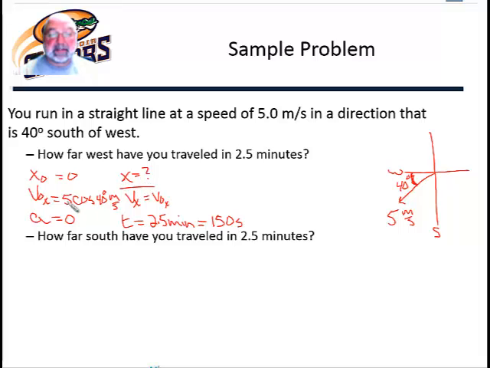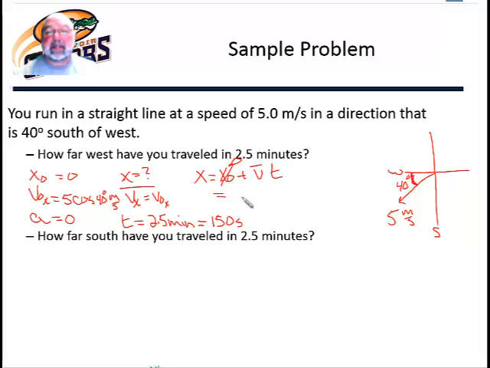Next up, we need to find an equation that will give us distance if we know speed. The easiest equation to use is x equals x0 plus average velocity times time. Well, x0 is 0, and our starting and ending velocities are the same, so our average velocity is equal to the starting velocity.